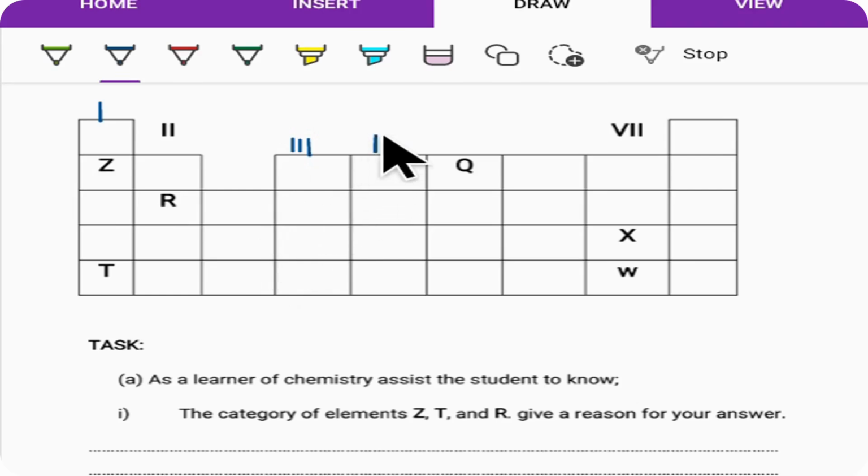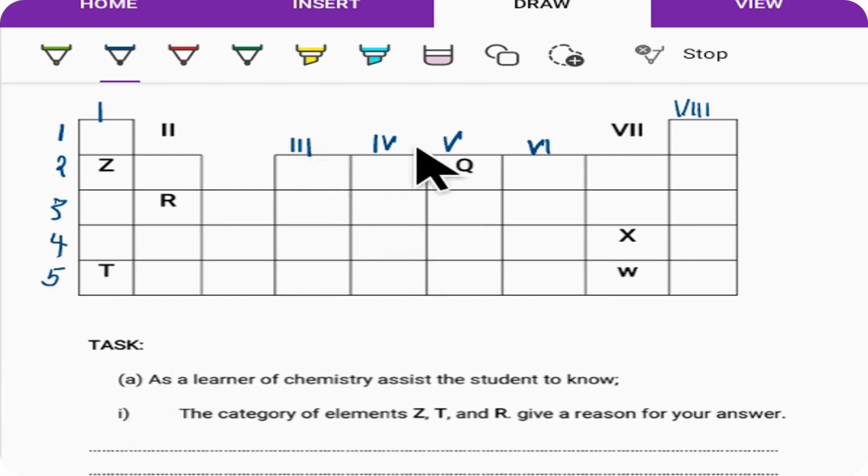This could be group 4, group 5, group 6, group 7 and lastly group 8. Then we have the periods: period 1, period 2, period 3, period 4 and then period 5.